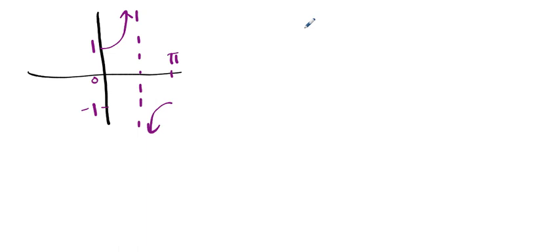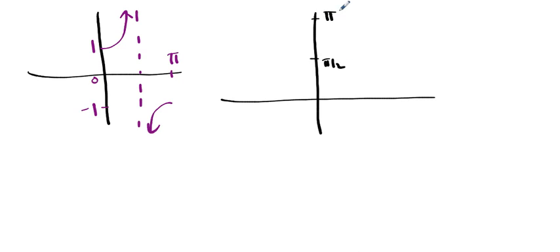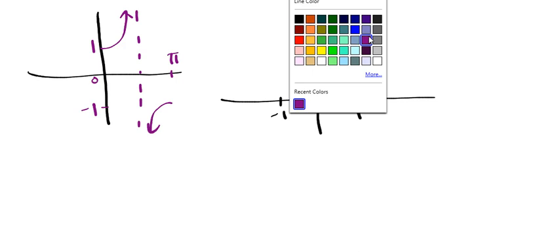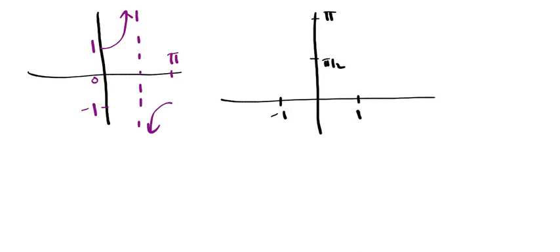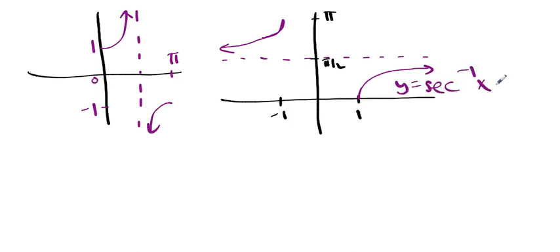And so when you find the inverse, there's pi over 2, there's pi, there's negative 1, there's 1. The inverse secant function looks like this. Just weird. This is the inverse secant function.